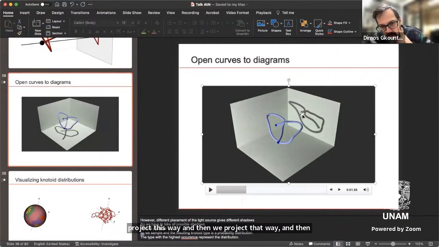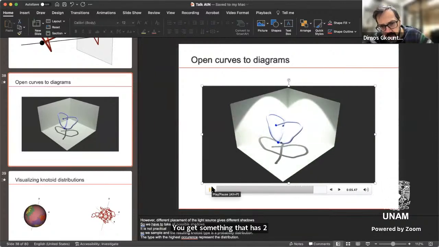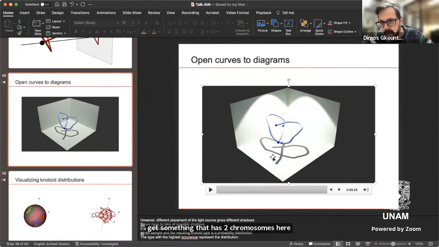You see here, you get something that has one crossing. You get something that has two crossings here, and you get something that has two crossings here. These two projections here on the left and on the bottom are equivalent, but this one on this wall has one crossing.